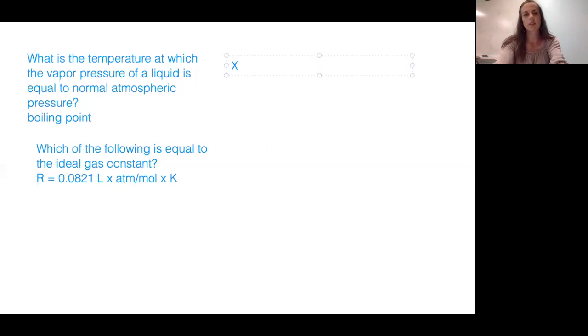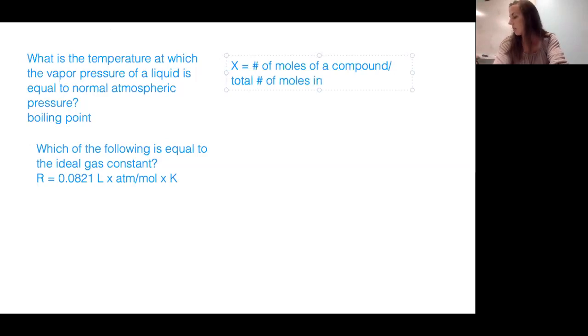Yeah, X equals the number of moles of a compound, divided by the total number of moles in the mixture. Okay, so let's work on number 5 then.